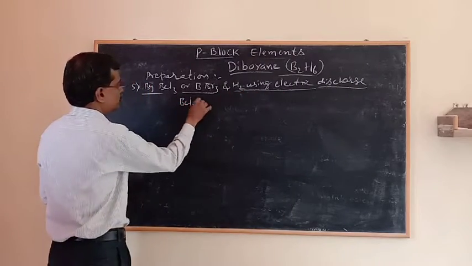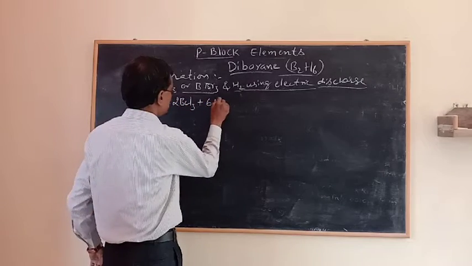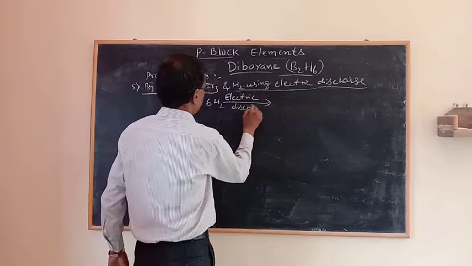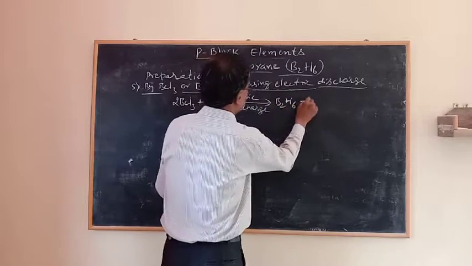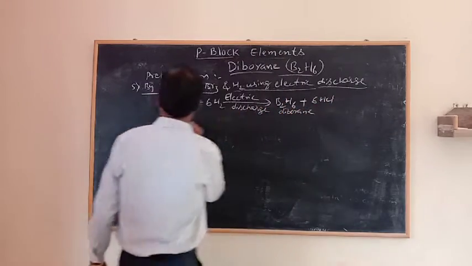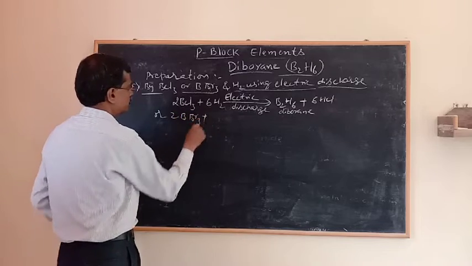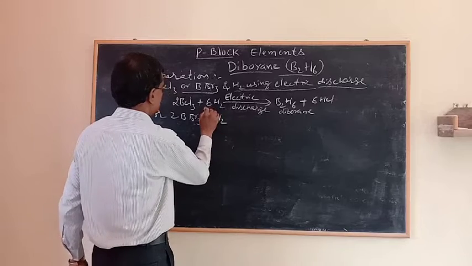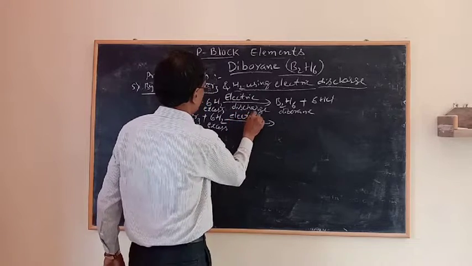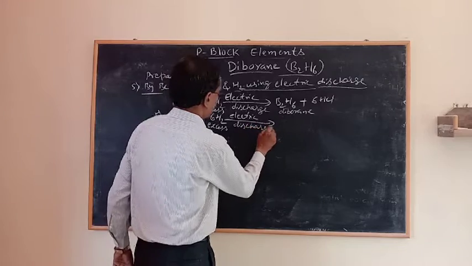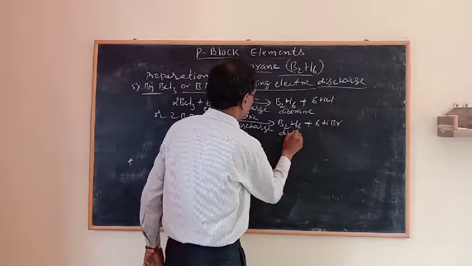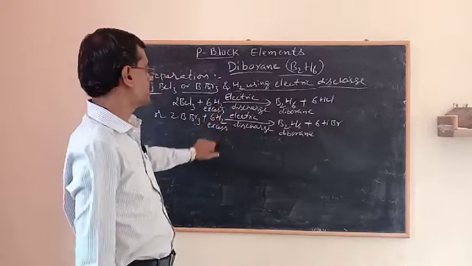So BCl3 plus hydrogen in the presence of electric discharge gives diborane plus 6HCl, or by using 2 molecules of boron tribromide in the presence of 6H2, which we take in excess, to form diborane in the presence of electric discharge. So this is the last method of preparation of diborane.